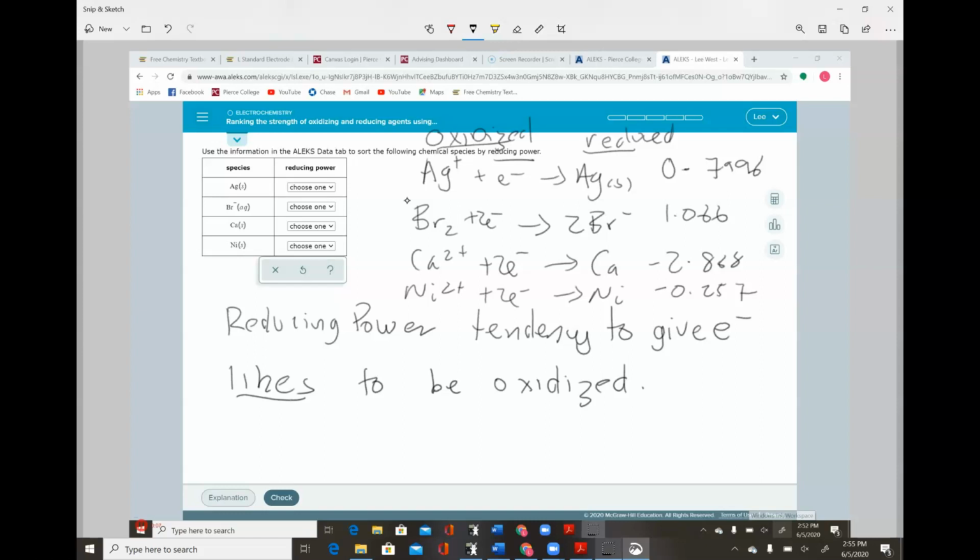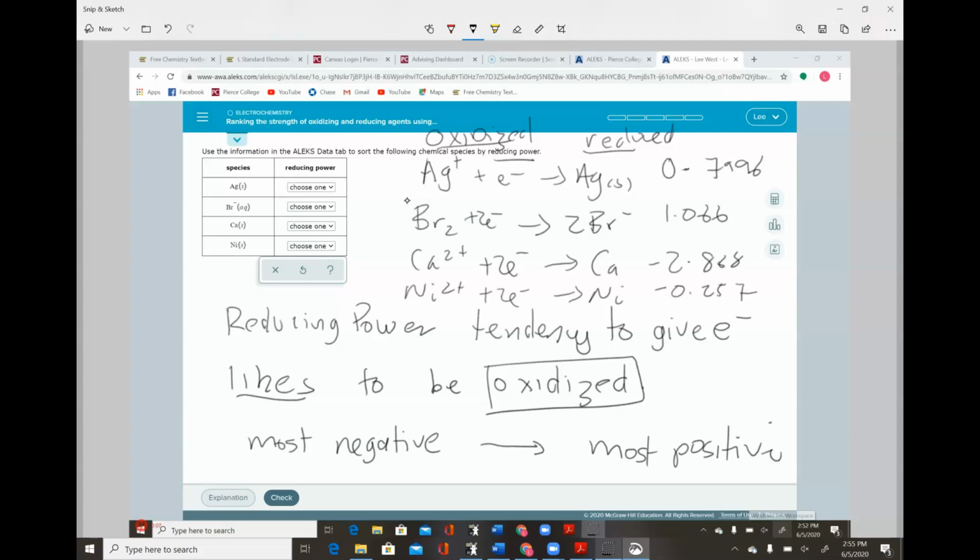Or another way of looking at it is the smaller or the more negative the standard reduction potential, the more it favors the oxidized form. And that's what we're looking for. So what we're trying to establish is we want to go from most negative, i.e. the one that likes the oxidized form the greatest, to most positive.